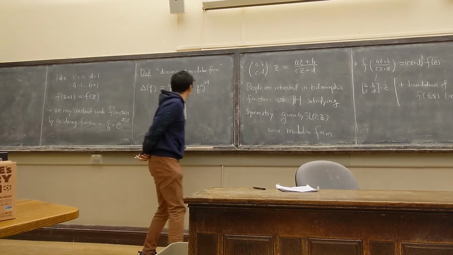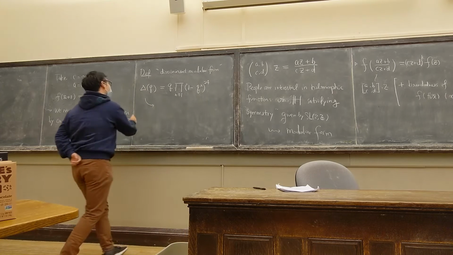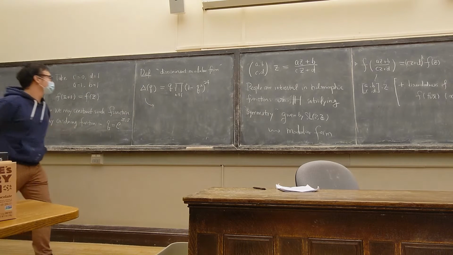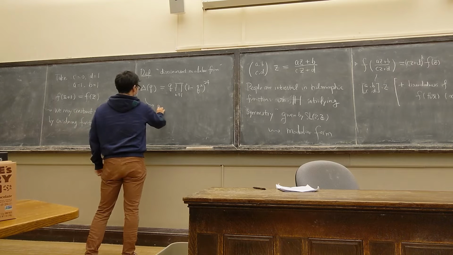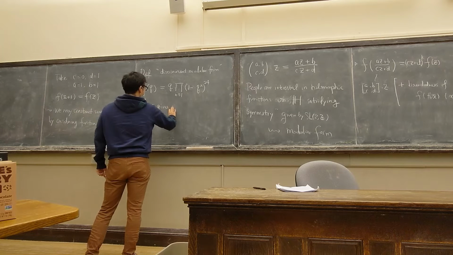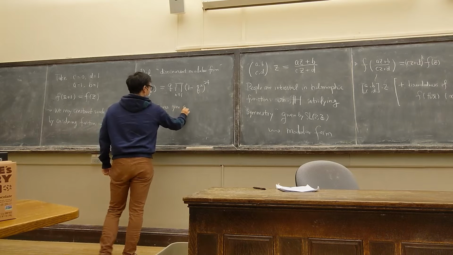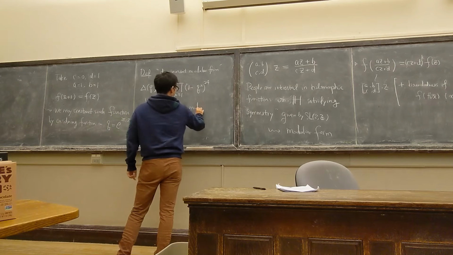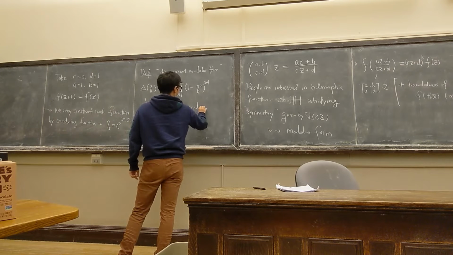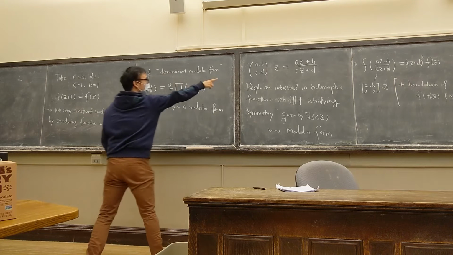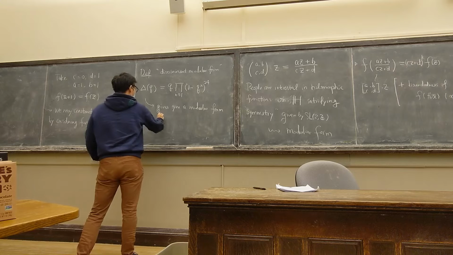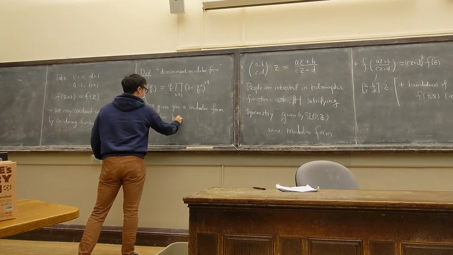Well, the claim is that, certainly I won't prove it, but the claim is that this actually gives you a modular form for k equal to 12.